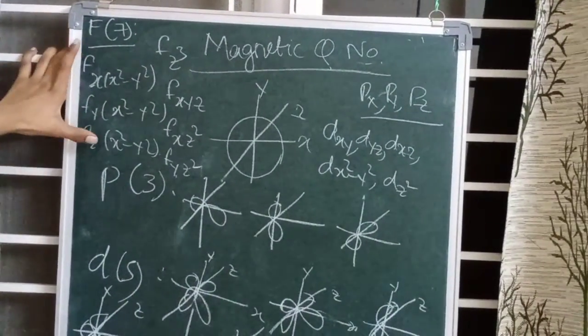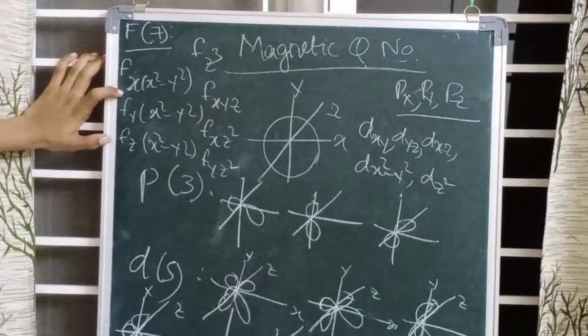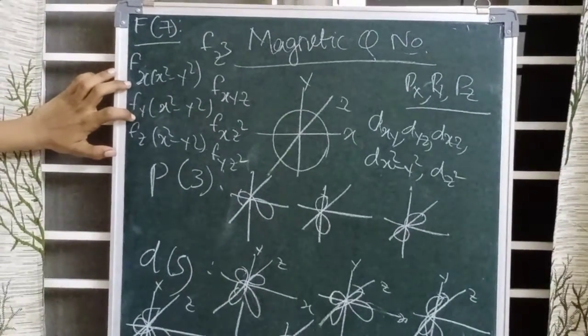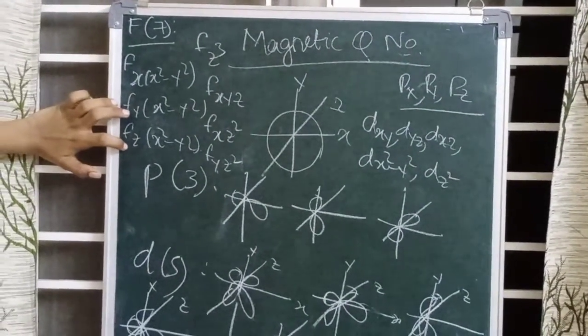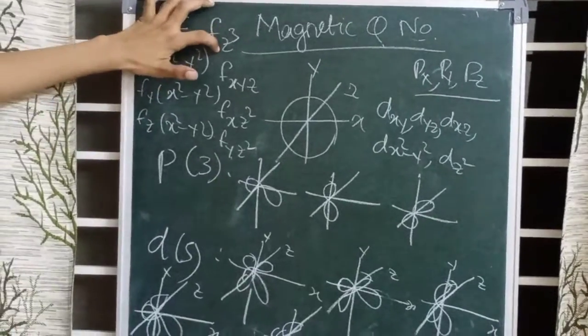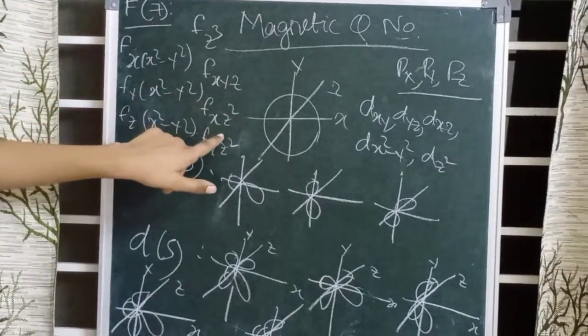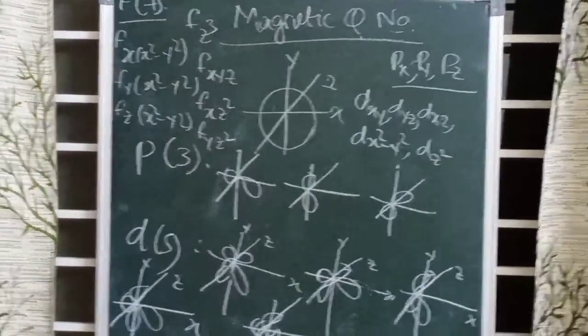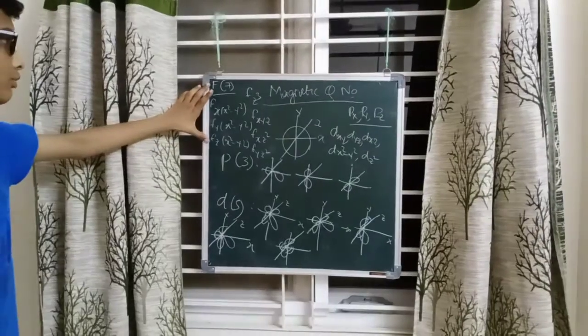These are all the 7 values: fx of x square minus y square, fy of x square minus y square, fz of x square minus y square, fz cube, fxyz, fxz square, fyz square. These are all the 7 values of f.